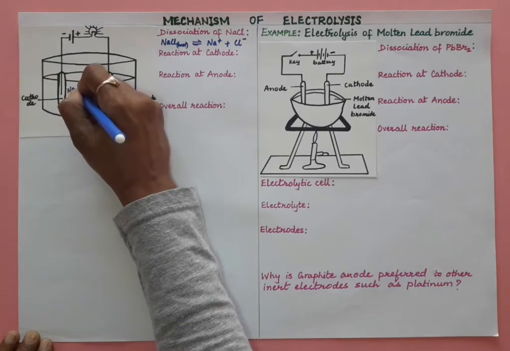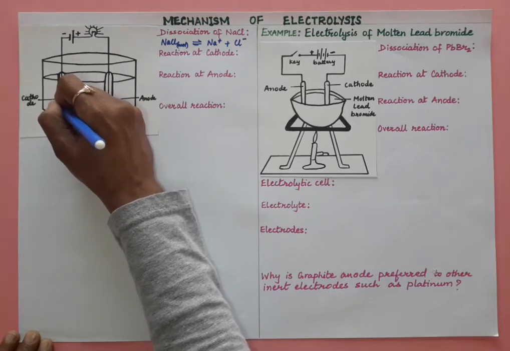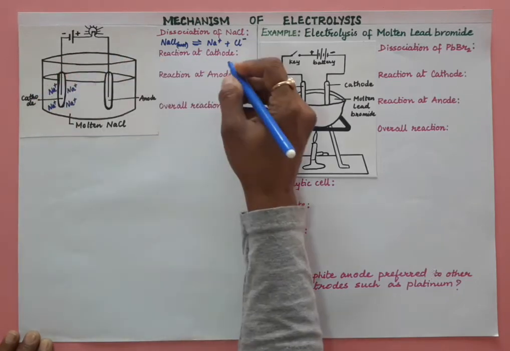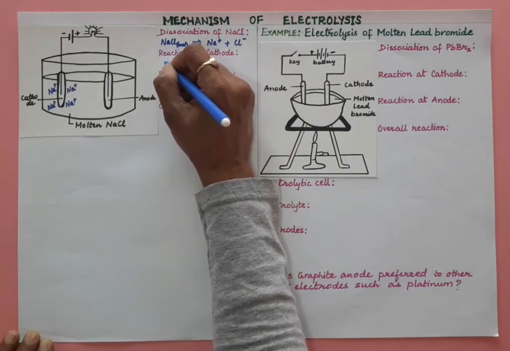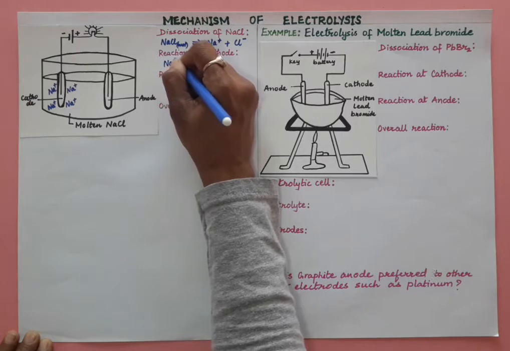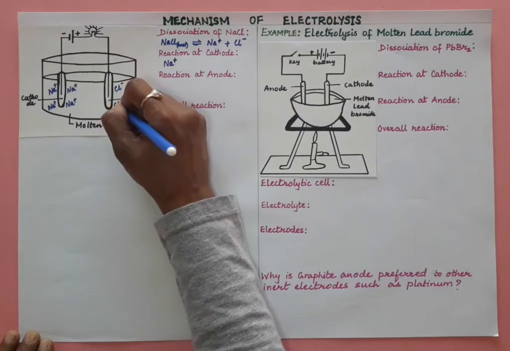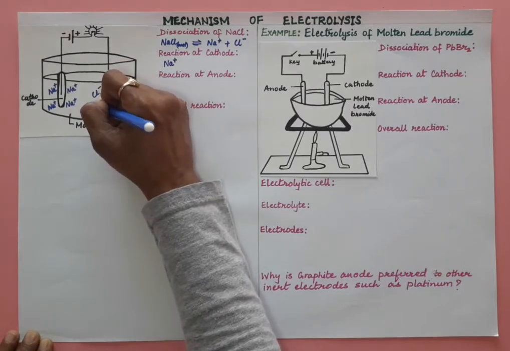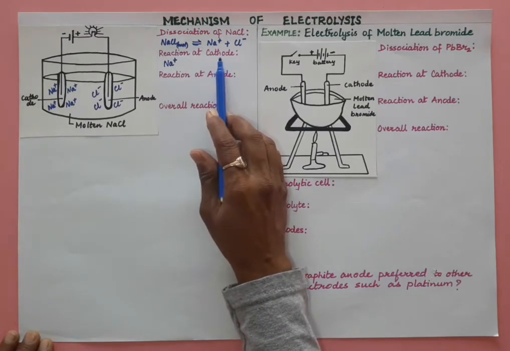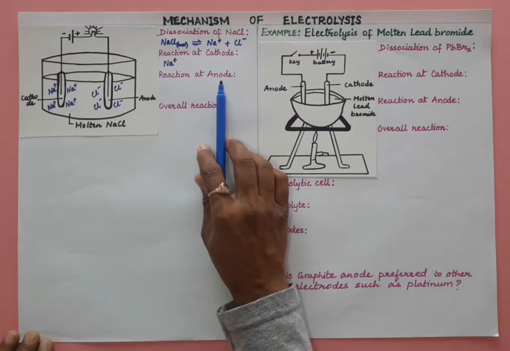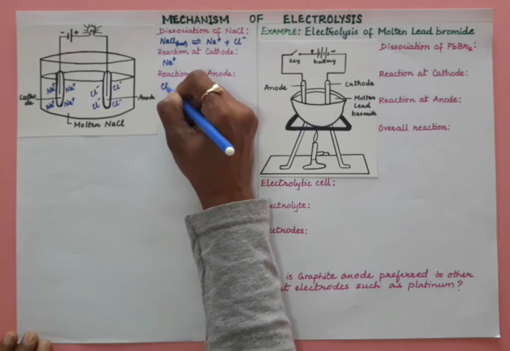As soon as the circuit is complete, all positively charged ions, the cations, will be attracted towards the cathode, so sodium ions move there, and all negatively charged ions, the anions, will move towards the anode. You have to remember that cations are attracted to the cathode, C with C, and anions to the anode, A with A.